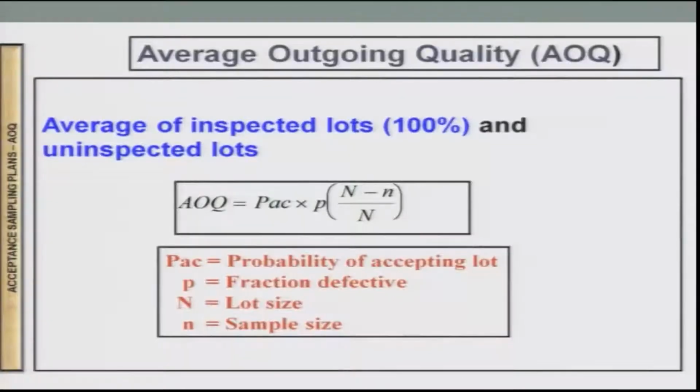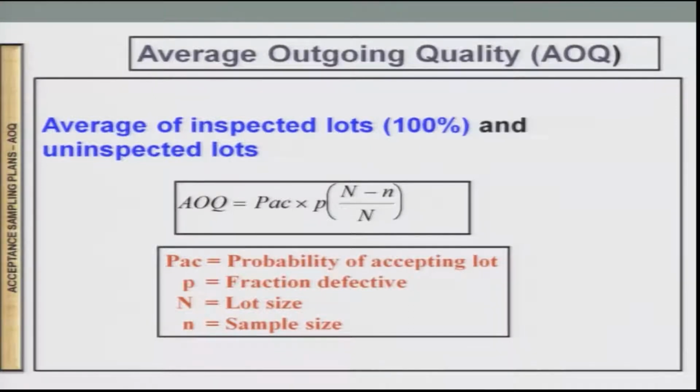So we want to find out the multiplication of the following factors, listen to me carefully. First is the probability of accepting a lot. You either accept or reject the lot, which would be dictated by P suffix A or AC. Then the fraction of defects, which is given by the value of P. The total lot size is capital N and the sample size is small n.